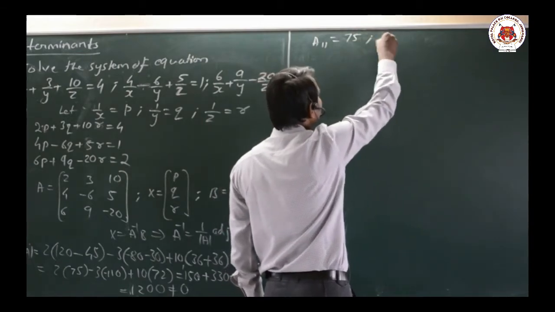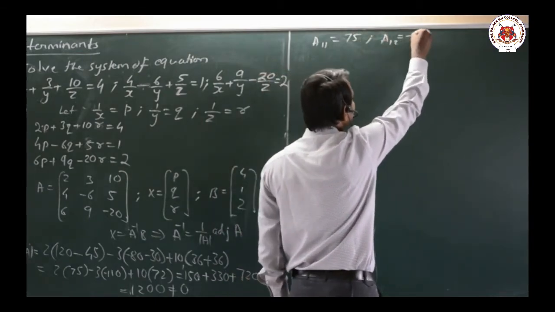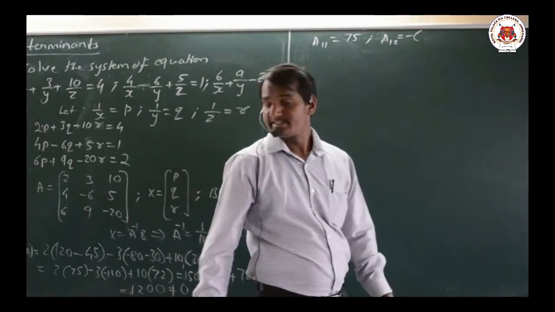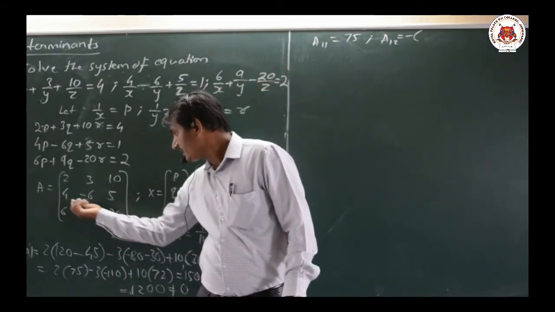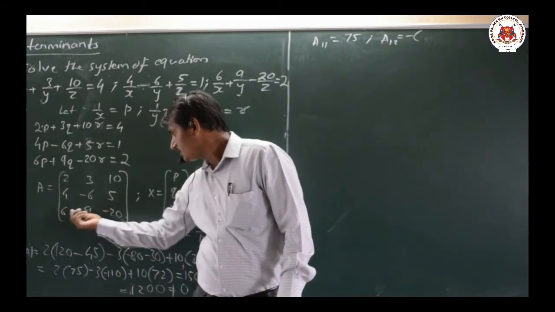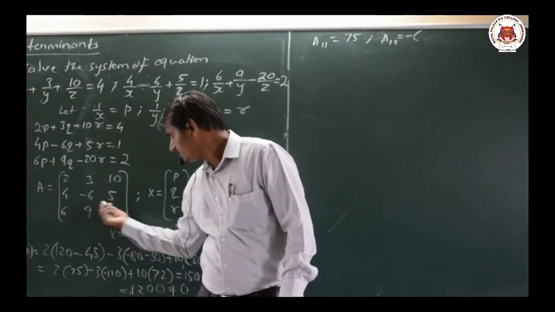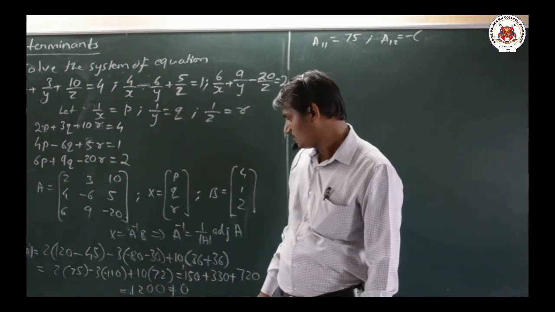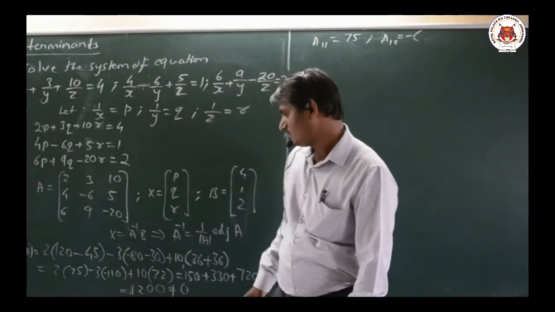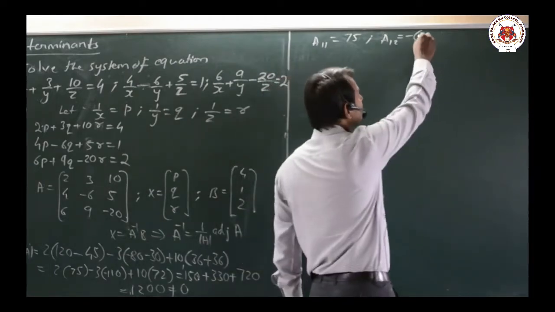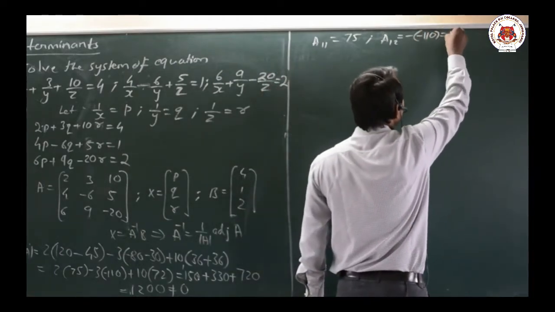Then A12, its sign is negative, that is the cofactor of 3: minus 80 minus 30, so minus 110, and with the negative sign its value is 110.